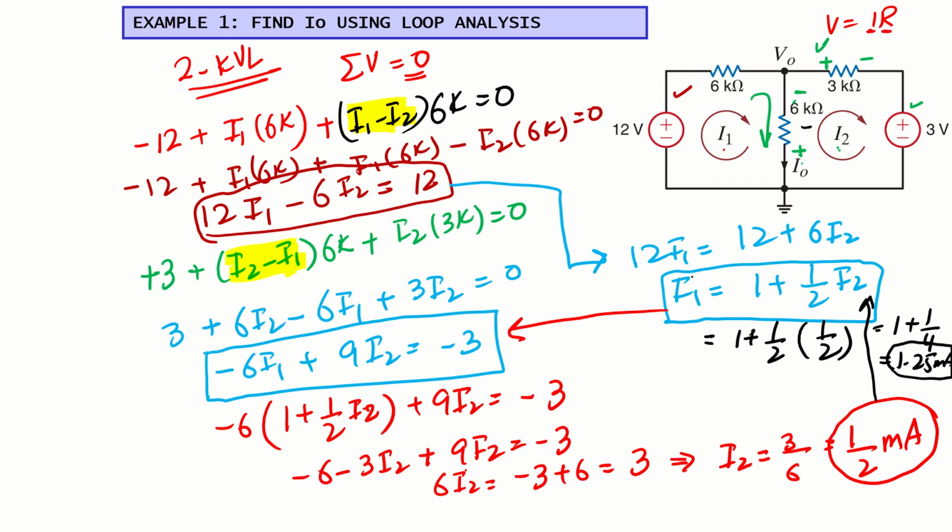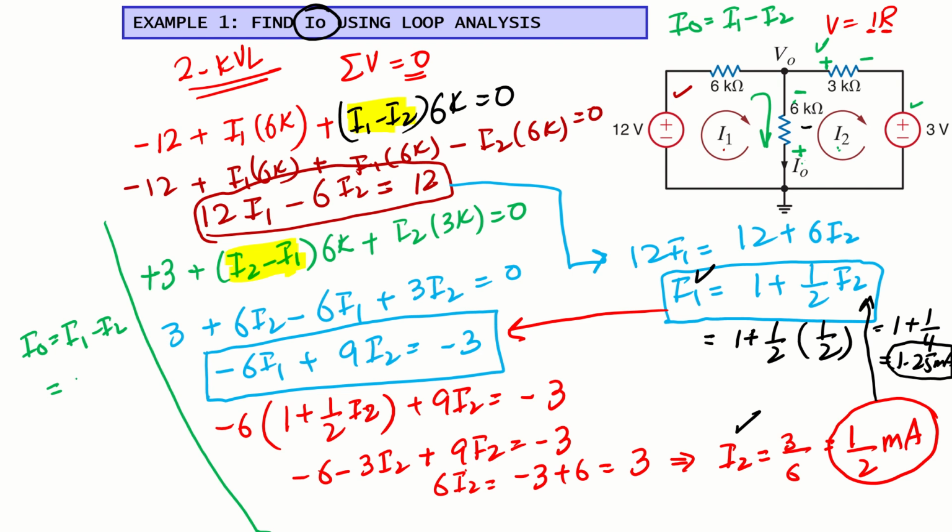Okay, so we got the value of I1 and we got the value of I2. Our target was to find the value of I0, okay, in this question. So we can simply write I0, which is basically just the current through the resistor R1. So I can write this as I1 minus I2, okay. So we can easily find that I0 will come out to be I1 minus I2.